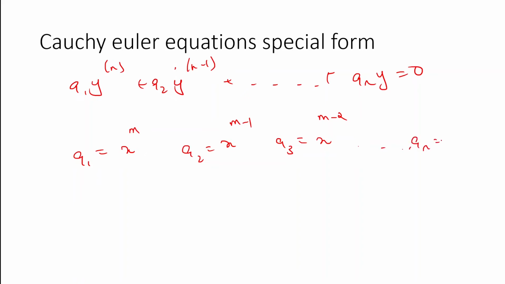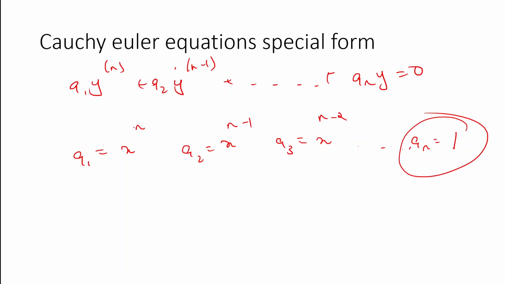Basically it must be the same power as whatever is the derivative order. a_n must be equal to x to the power n minus n, which is x to the power 0, that is 1. So that is the basic property of Cauchy-Euler equations.